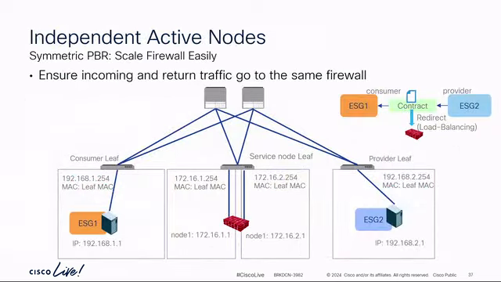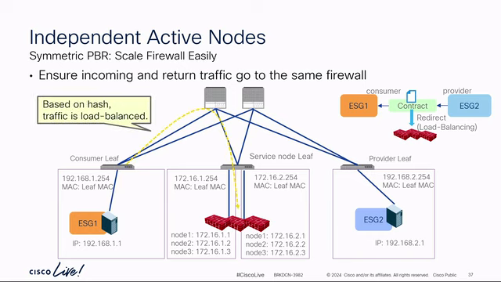The third example is independent active nodes. In that case, let's say you can start with one firewall, and then you see slightly number of traffic are increasing. Then traditionally, you might need to replace the small firewall with bigger firewall. But by using symmetric PBR, you can just add additional PBR destinations in the same PBR group.